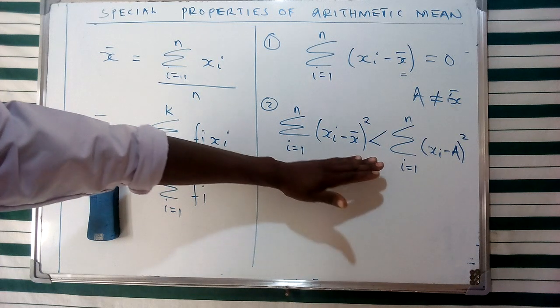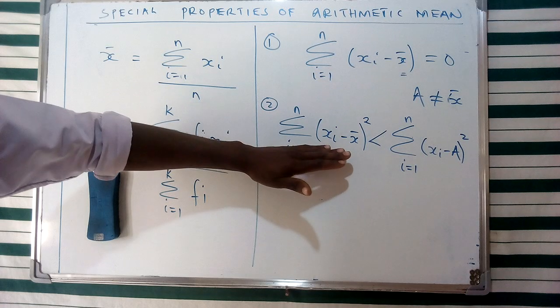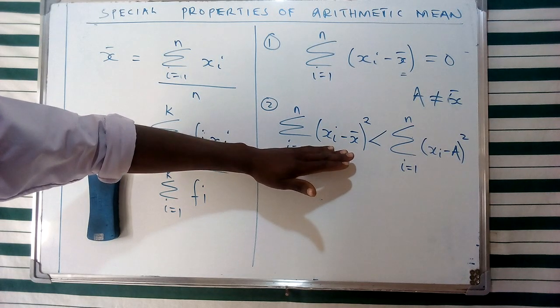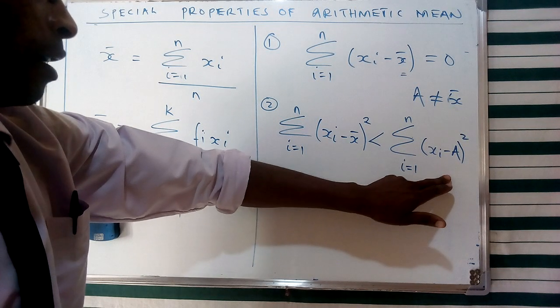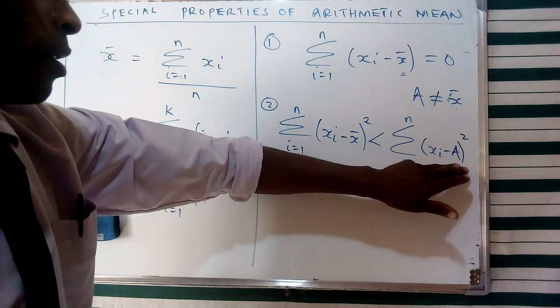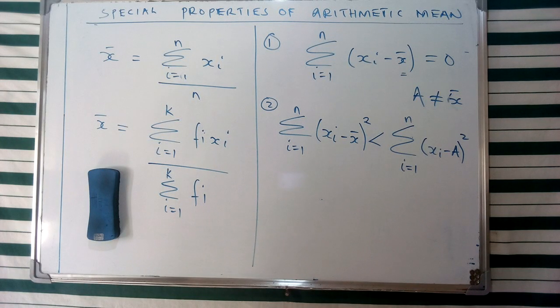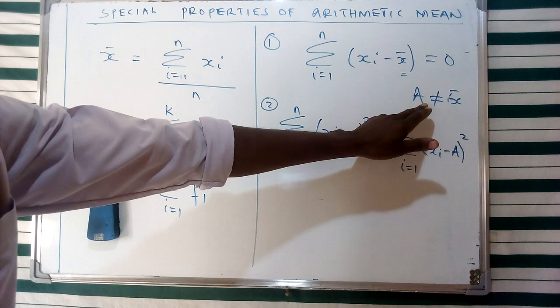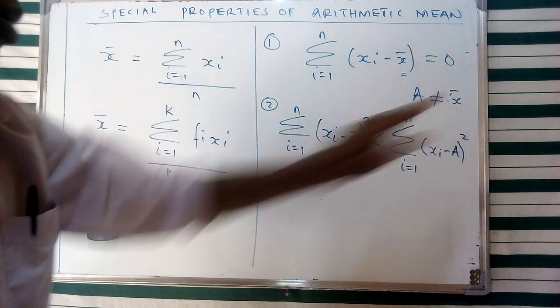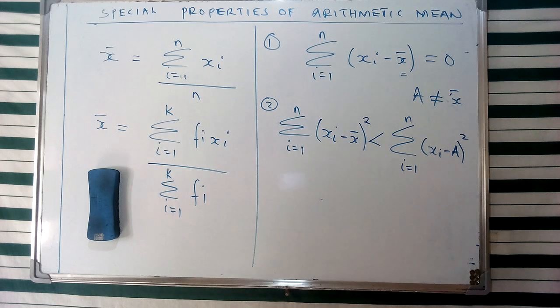That constitutes one of the properties of the mean, and this is going to be a second property of the arithmetic mean.